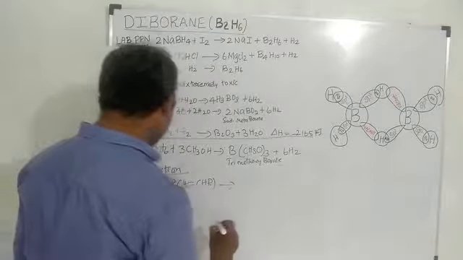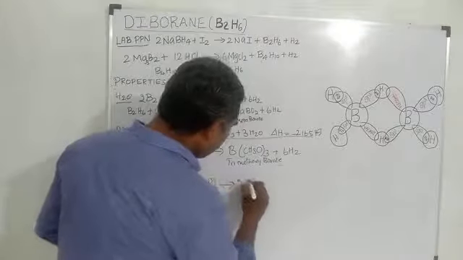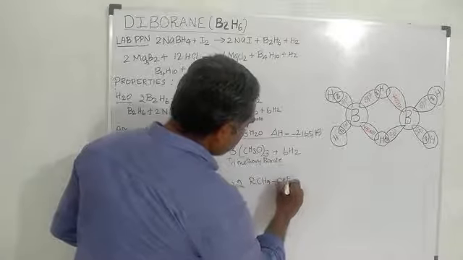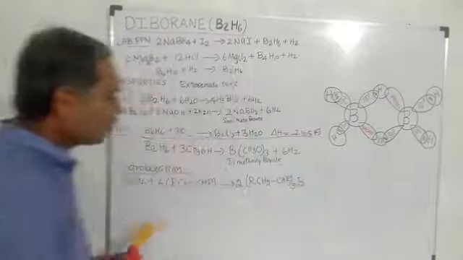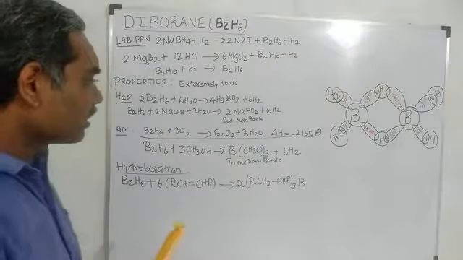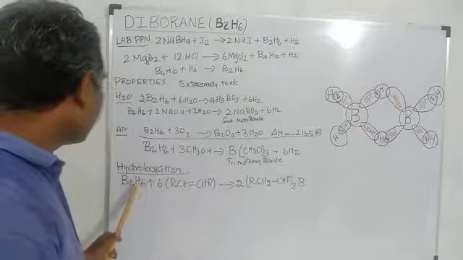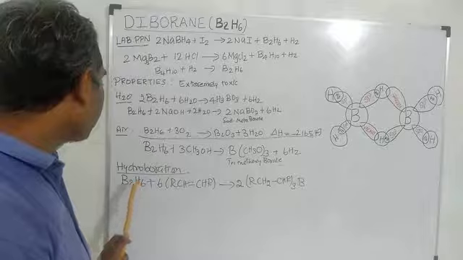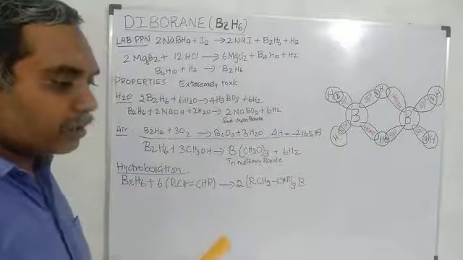The product we are getting is an alkylborane, (CH3CH2)3B. So this is an addition used in organic synthesis. That's why diborane is used as an important compound for synthesis of organic compounds, the hydroboration reaction.